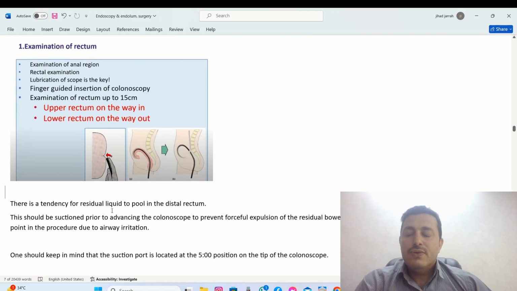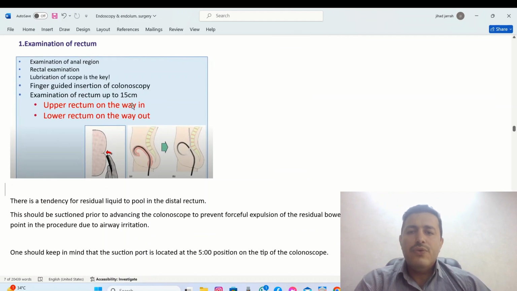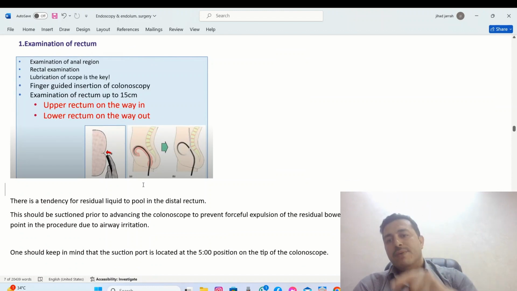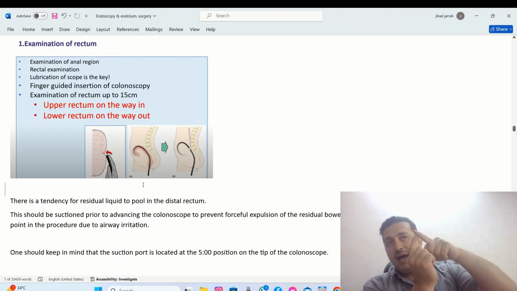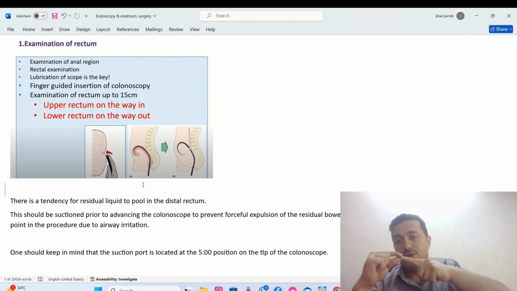And you see here upper rectum on the way in, lower rectum on the way out. What that means is that when you insert the scope, you actually bypass a segment of the rectum and anus that is not examined by the tip of the colonoscope.